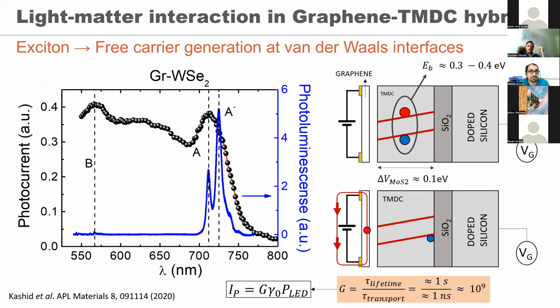Right. Great question. So Ashish, there has been a lot of interesting work on pump probe. It turns out that the electron transfer time scale from the chalcogen layer to the graphene layer is shorter than the exciton lifetime in the chalcogen.